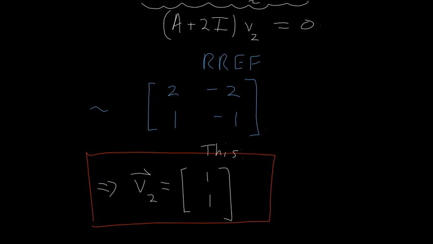So we have V1, V2. Now we have two eigenvalues and two eigenvectors. That's good because we want to have the same amount of each. So the general solution.